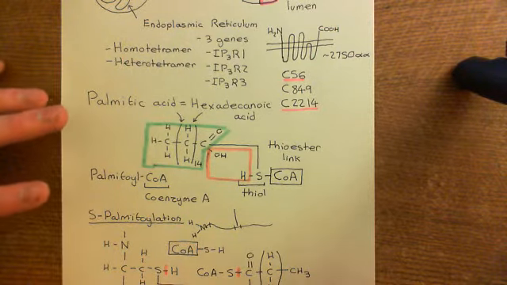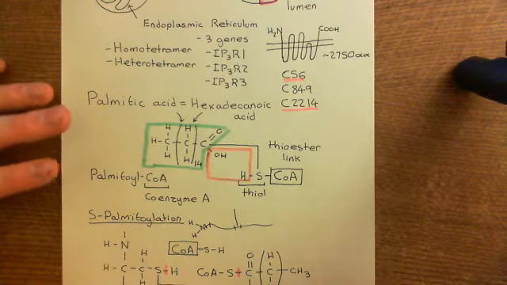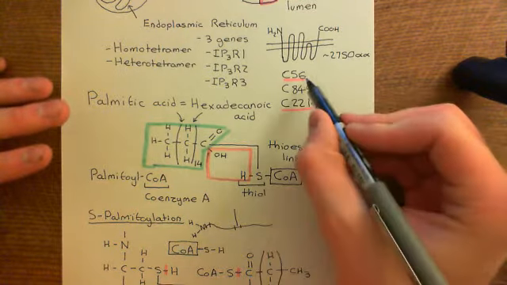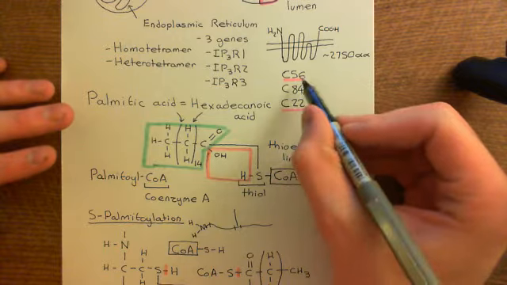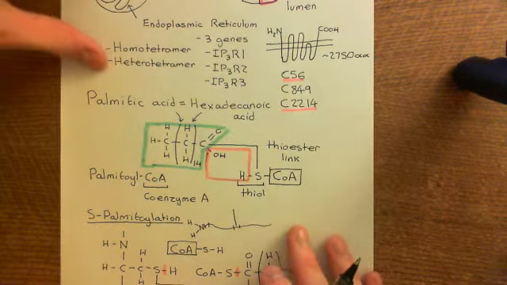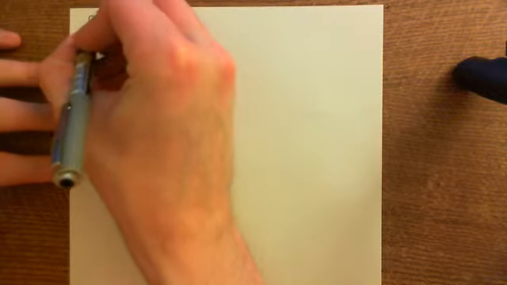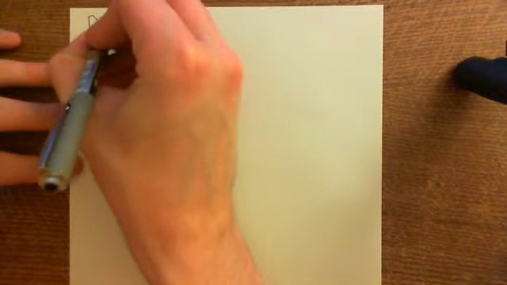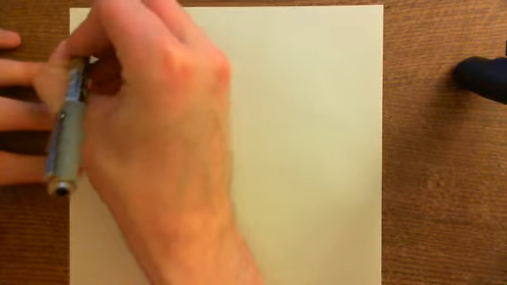Now let's talk about the enzyme which is going to stick palmitoyl groups onto these three cysteine residues. It's an enzyme complex that consists of two proteins. Firstly, I should say that the process of S-palmitoylation, i.e. adding palmitoyl groups onto cysteine residues within proteins, is carried out by a family of enzymes known as DHHC enzymes.